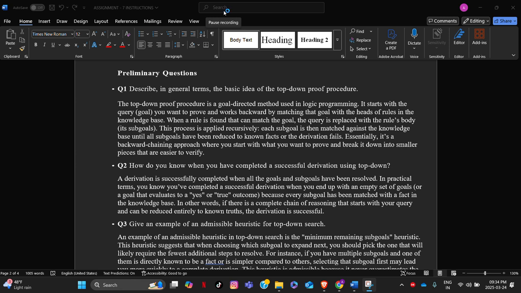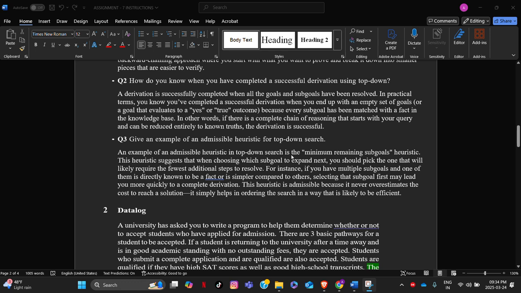The second question is about how you know when you have created a successful derivation using top-down. A successful derivation is achieved when all goals are reduced to known facts, leaving an empty set of sub-goals, or a final yes answer. The last preliminary question is to give an example of an admissible heuristic for top-down search.